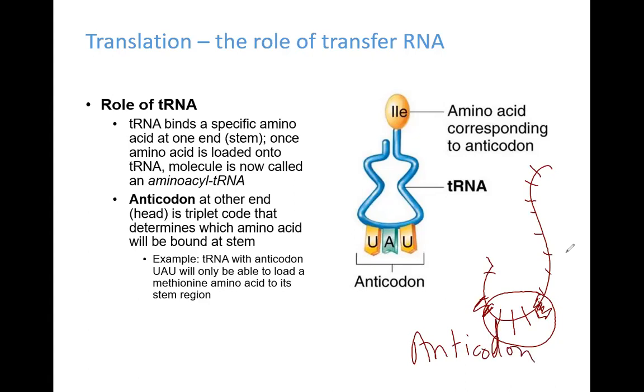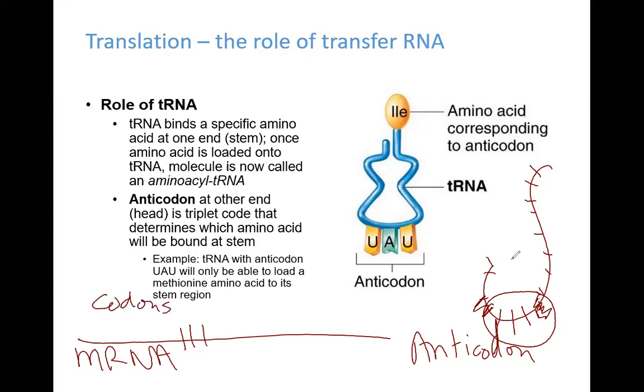Now, the anticodon is the complement to the codon on the messenger RNA. Remember, here is messenger RNA, and we have clusters of 3 bases at a time. In the DNA, we call them triplets. Here, we call them codons.